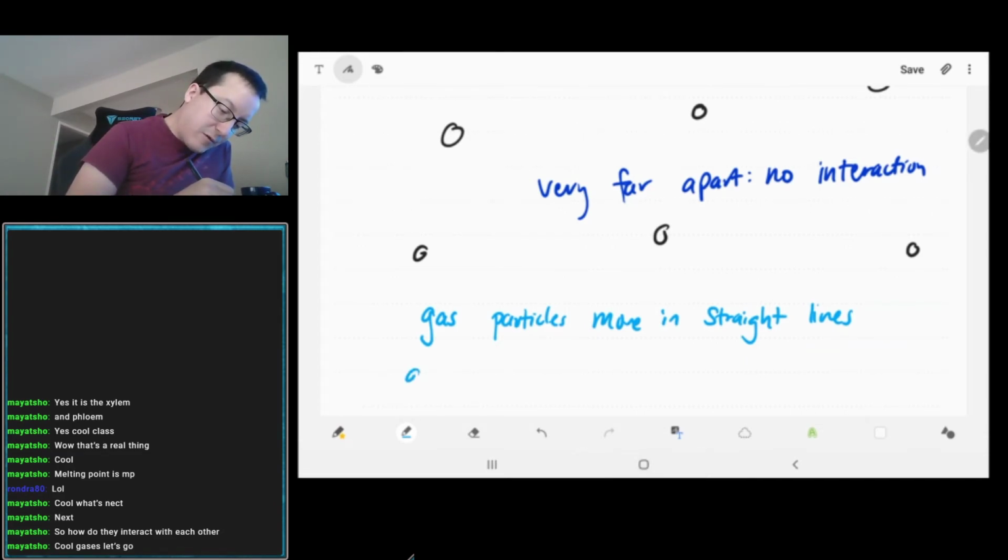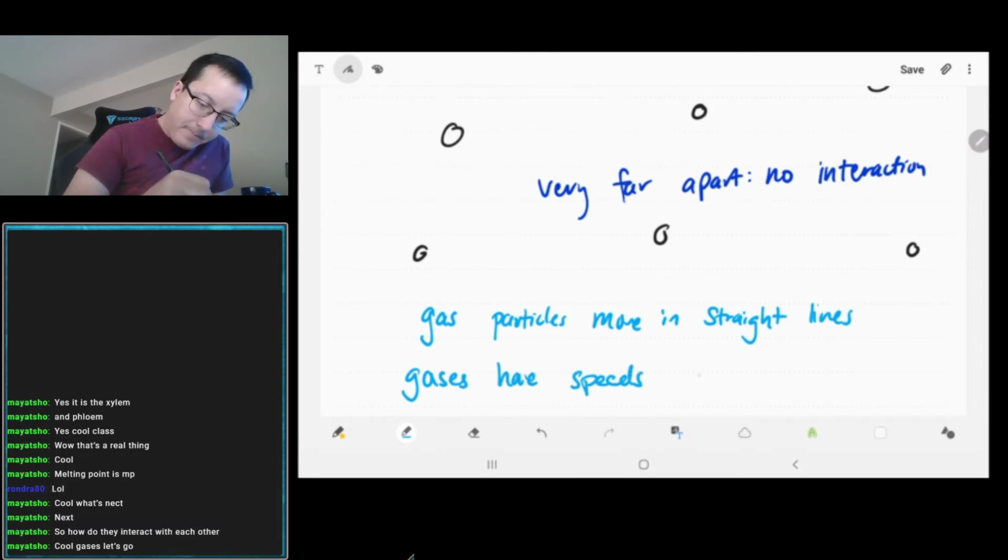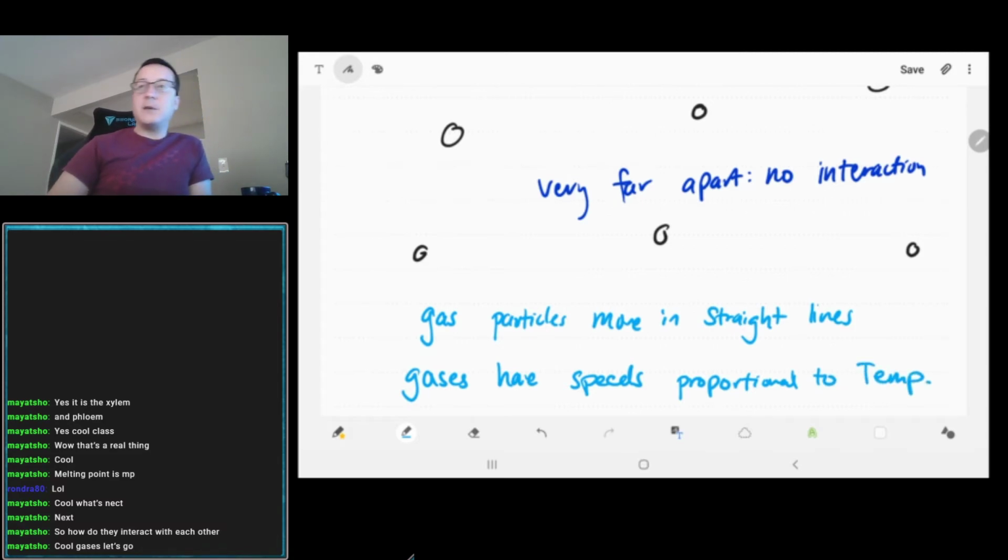And their speed is proportional to their temperature, right? So temperature is technically a measure of kinetic energy, but for gases, that's going to be pretty much just speed.